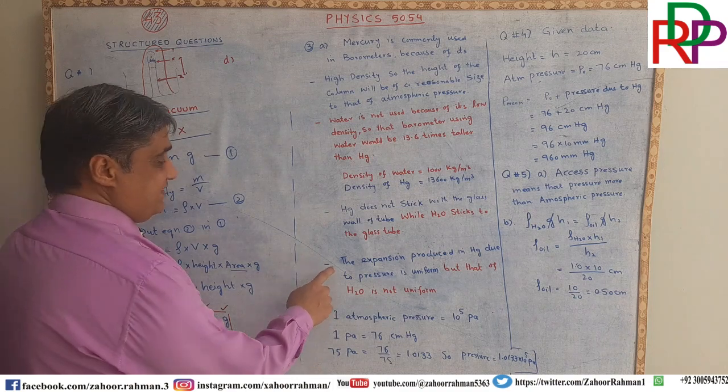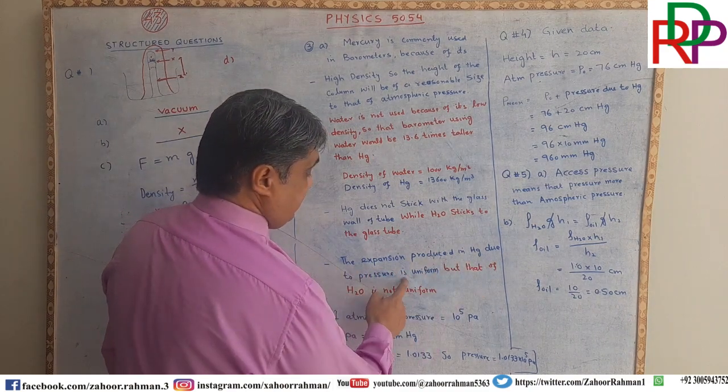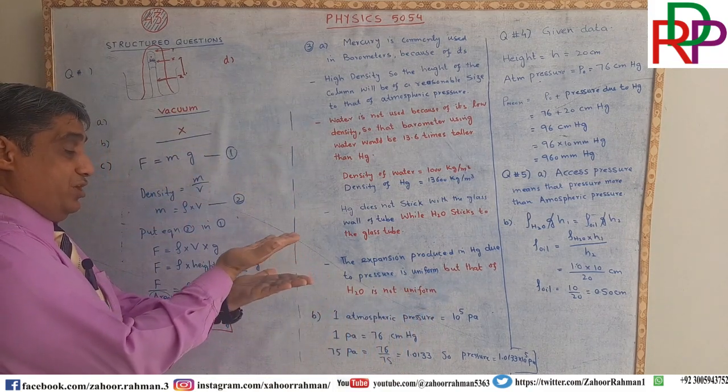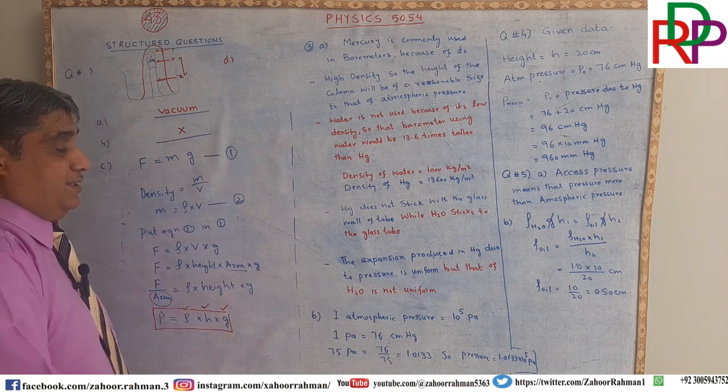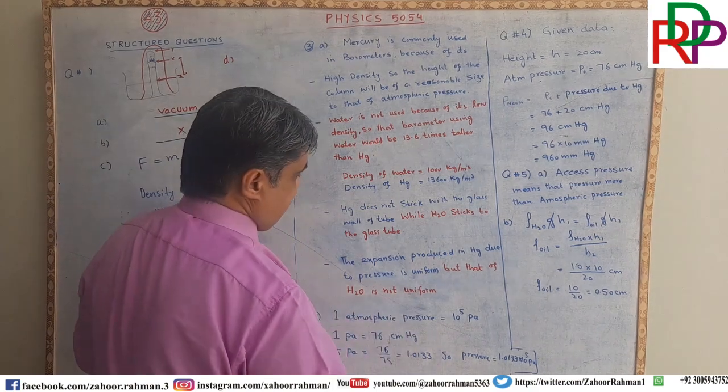The third reason is that the expansion produced in Hg due to the pressure is uniform. If you are giving pressure, it will uniformly increase, while with H2O it is not uniform because it is sticking with the wall.